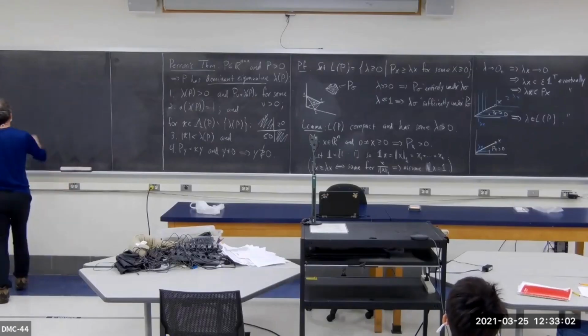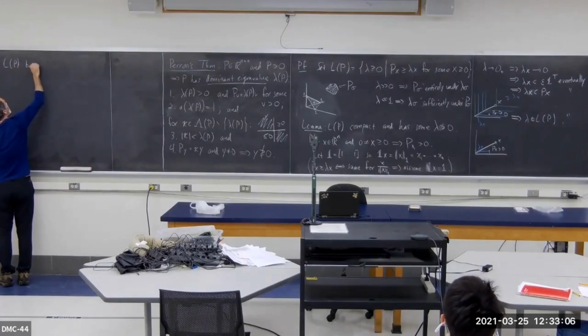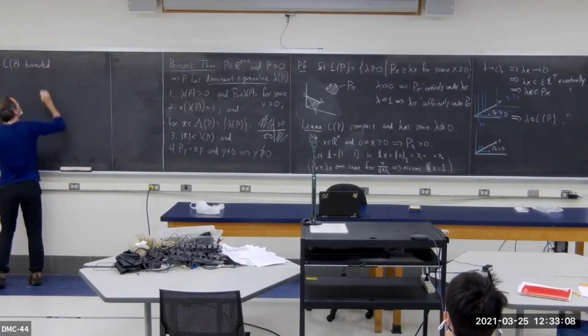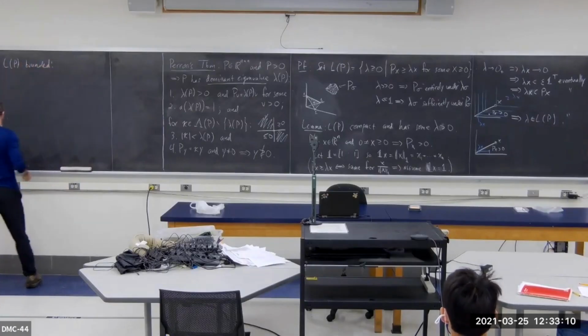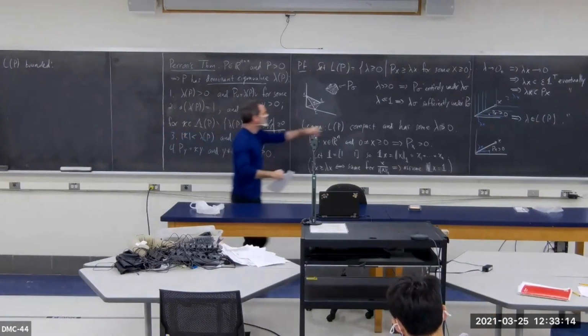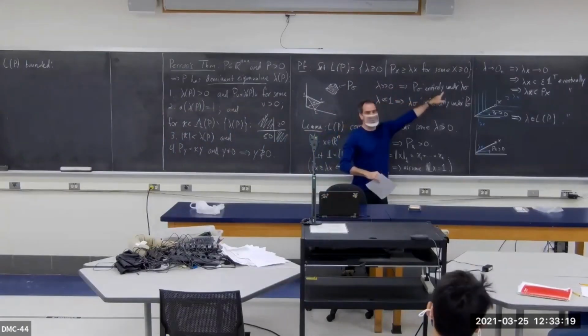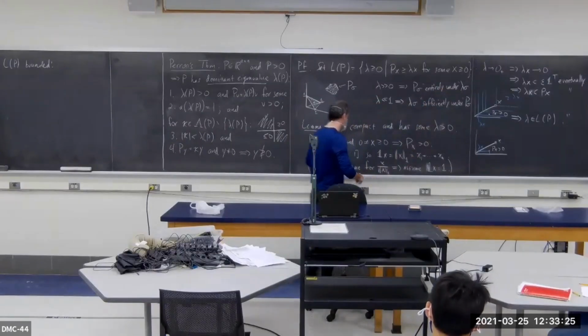Okay, so first we need L of P bounded. Okay, how's that going to go? Well, it comes down to this thing. When lambda is sufficiently big, P sigma is entirely under lambda sigma, and so you can't take lambda too big. Okay, let's just make that precise.